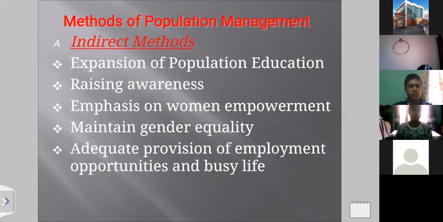While people migrate from one place to another, they take their culture, customs and traditions with them, and they go and settle in another place, where they can show and represent their culture. They can control population.